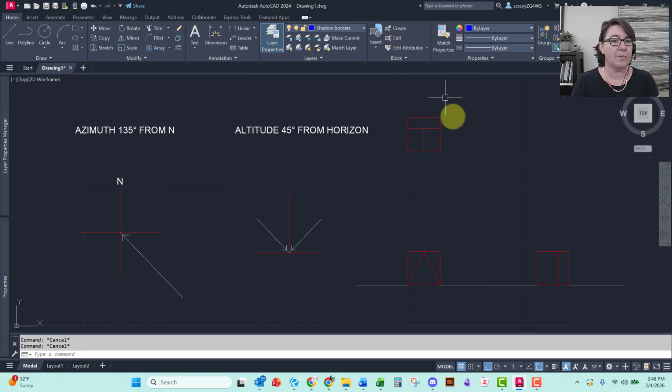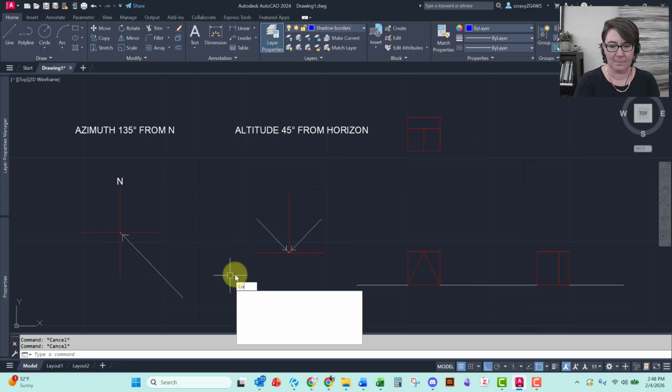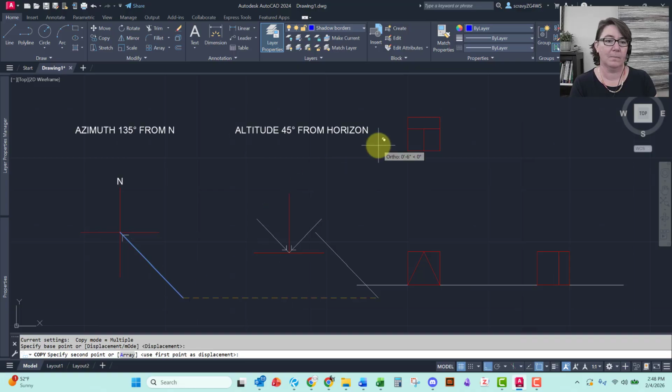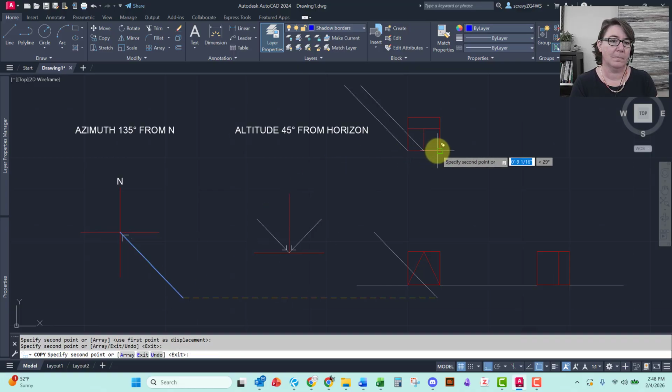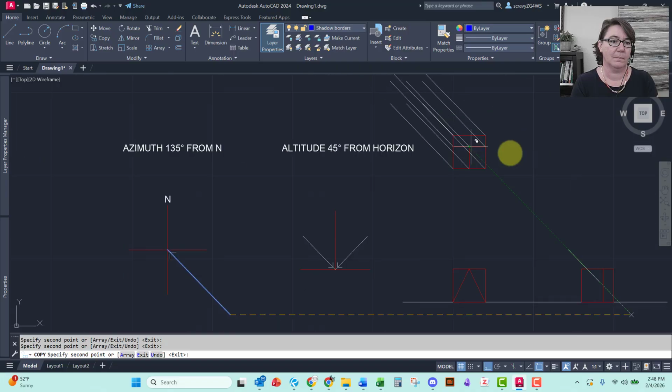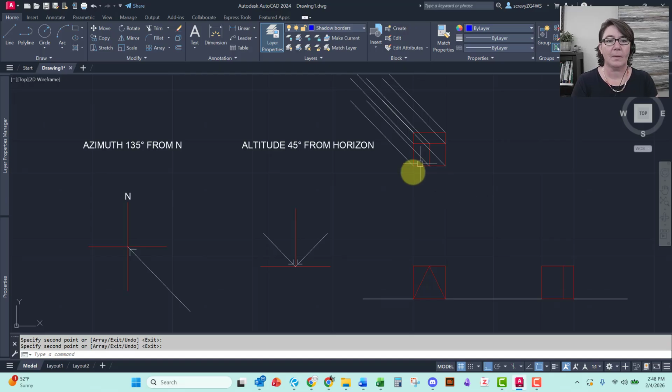So let's start out with the top view, right? And that's the procedure. And so we're going to, from each important point here, cast a guideline in the azimuth direction. Okay. And as usual, we don't know their length yet, right?